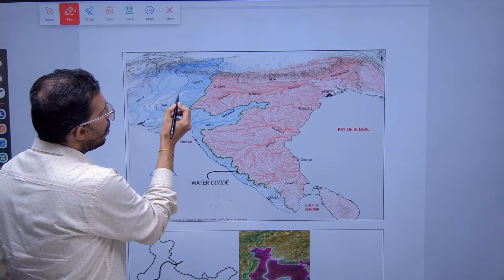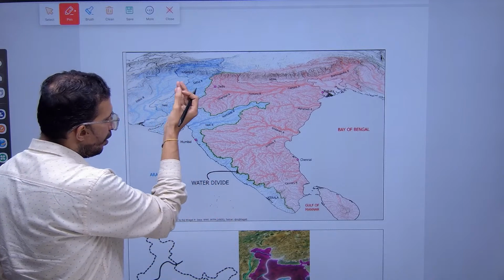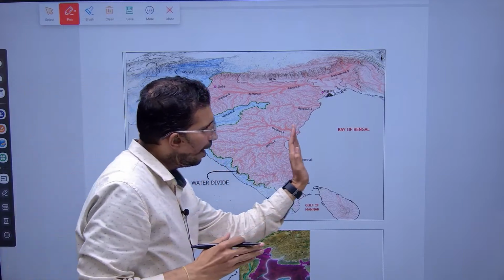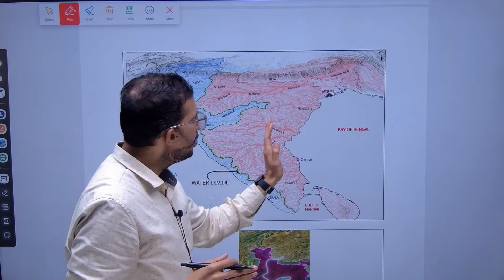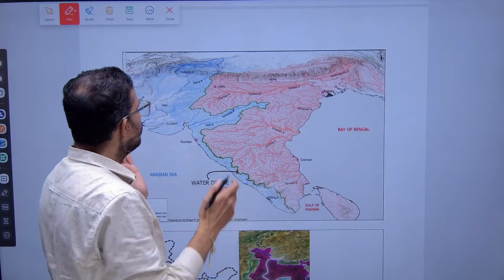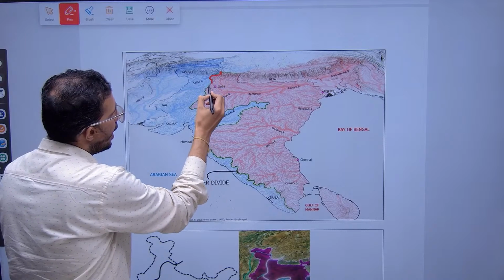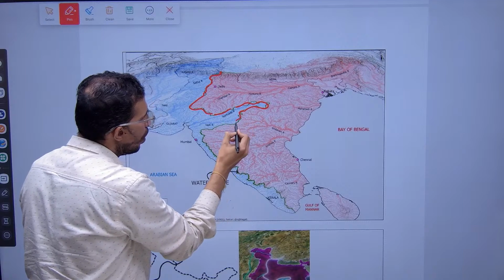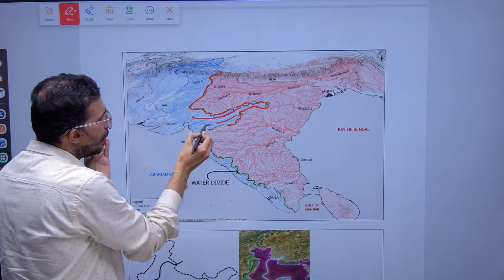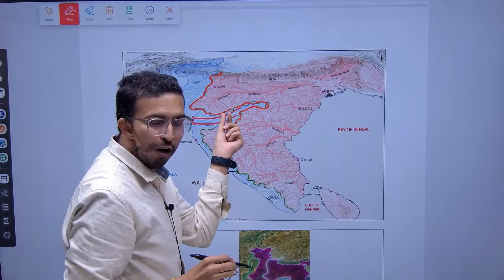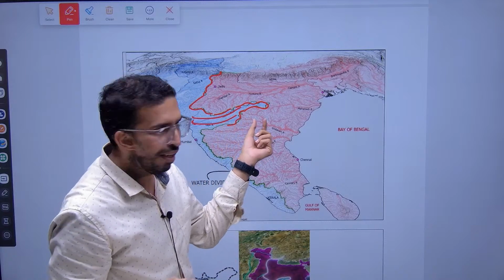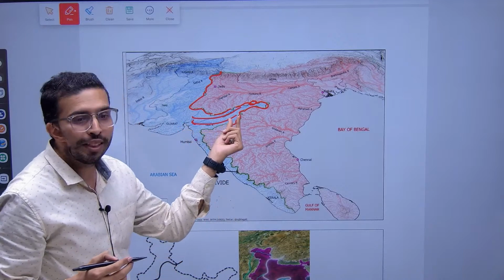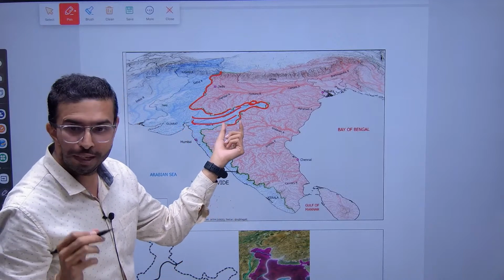The lighter blue shows the drainage basin or the river system of the western flowing rivers, and the pink color denotes the basin system of the eastern flowing rivers. This line indicates the water divide, and it is elongated over here because of the western flowing Narmada and Tapi rivers, because the Narmada originates at the Amarkantak plateau and the Tapi originates in the Multai region in the Betul district of Madhya Pradesh.